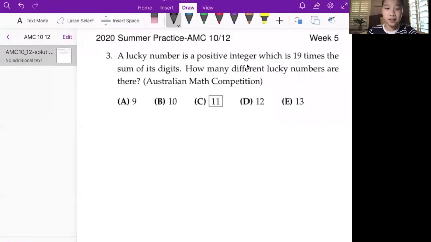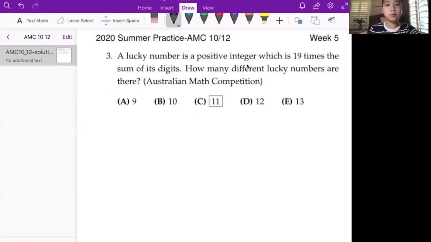Could it be a 1-digit number? No, the sum of the digits of a 1-digit number is just itself, and that 1-digit number can't be 19 times itself. How about two-digit? Well, let's see. The positive integer is 19 times the sum of its digits.